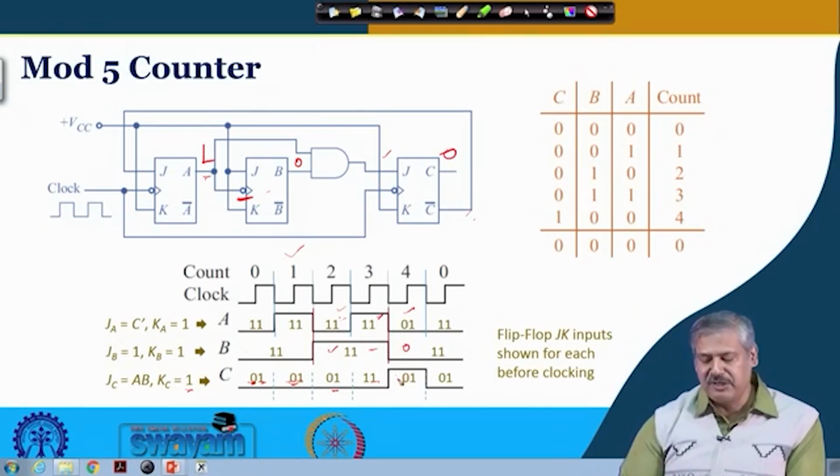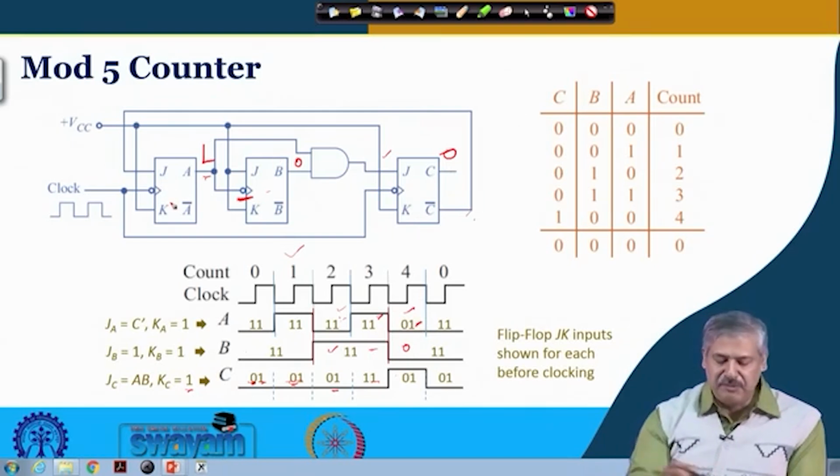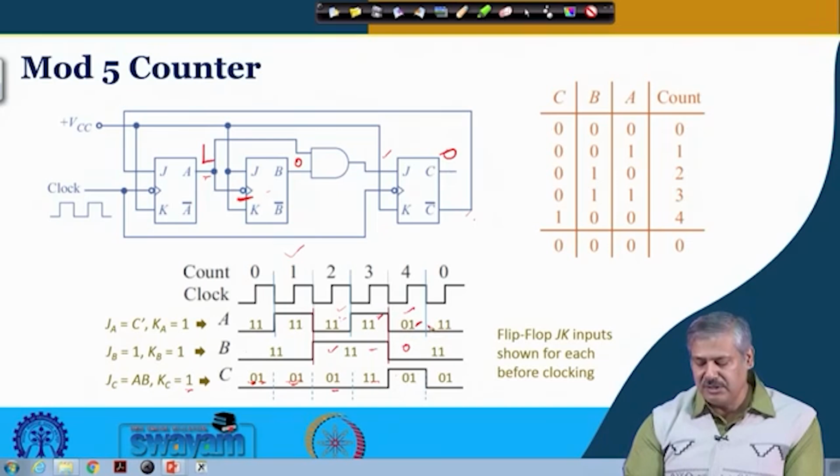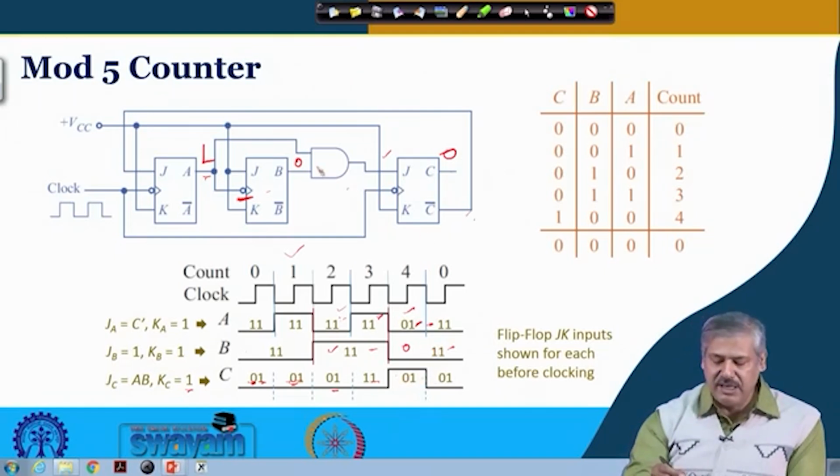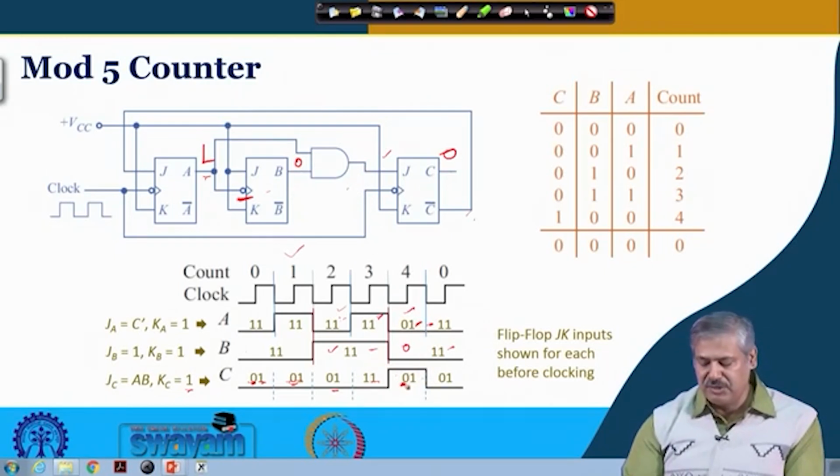Now at this point of time, since C has become 1, C bar is 0, you can see the input of flip flop A is 0 1. So this output will remain 0, and this output is also 0 because there is no negative edge. At that time A and B are both there, this AND input is 0 and this is 1, so this makes the output C 0. So we are coming back to 0 0 0.